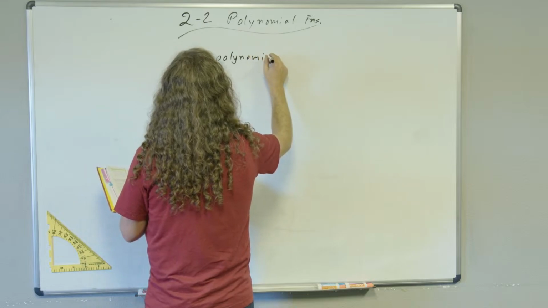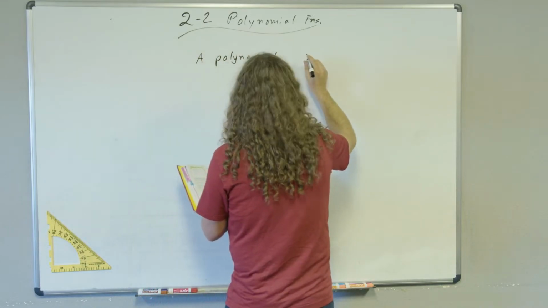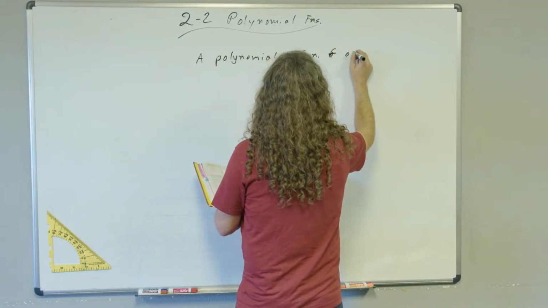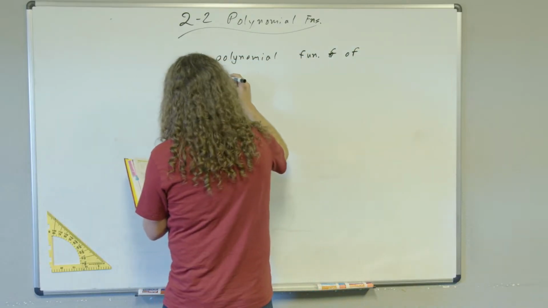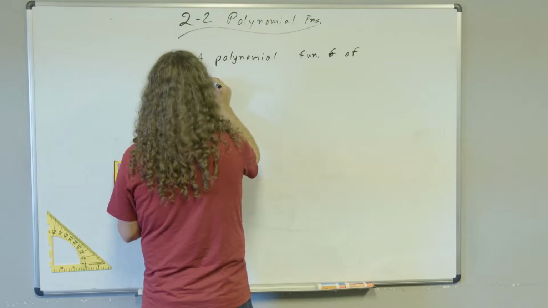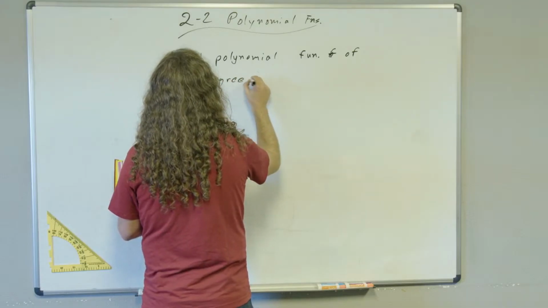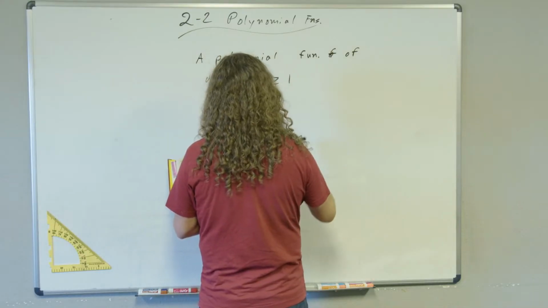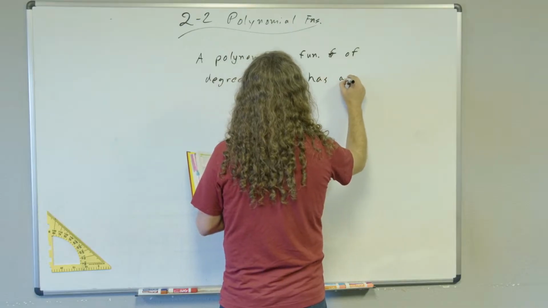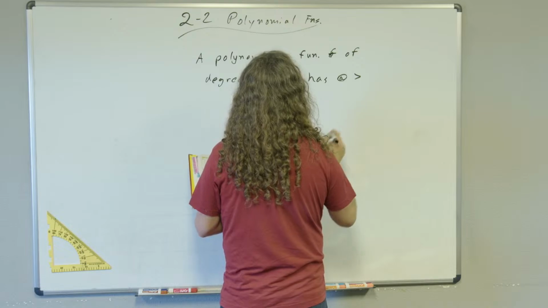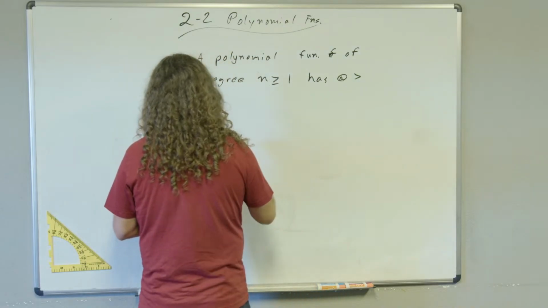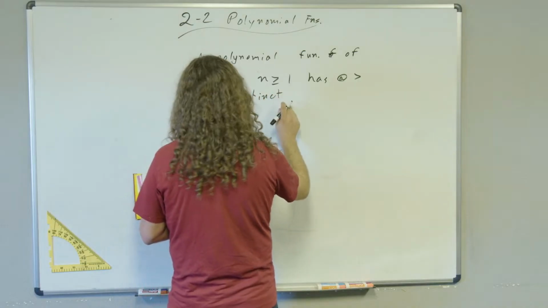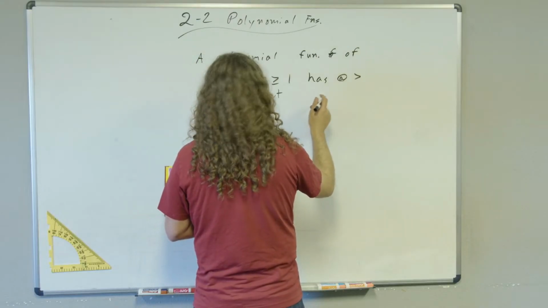A polynomial function f of degree n greater than or equal to 1 has at most n distinct, no, that's not right.